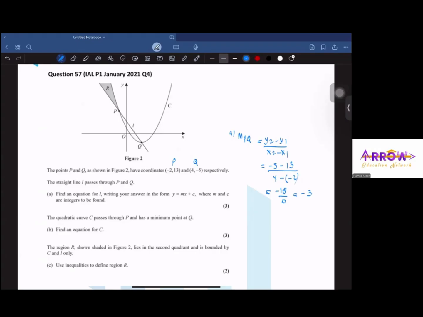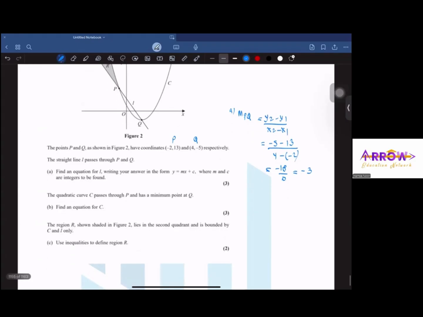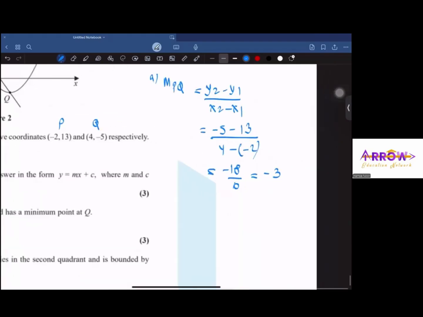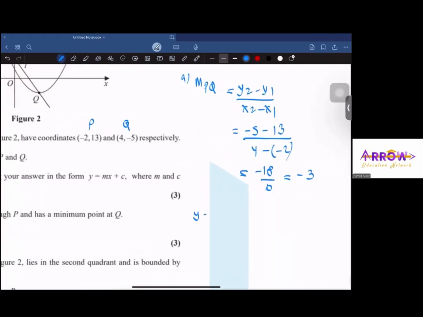Okay, so either you can substitute point P over here or point Q over here. So the equation of the line is in the form y minus y1 equals m multiplied by x minus x1, where x1 comma y1 is the point which is known.